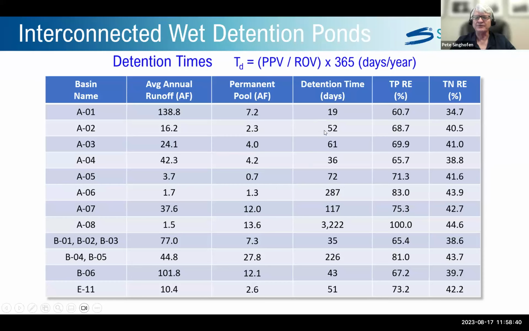Then we have one pond here that has very little drainage area, but is a big pond that's mostly used for floodplain protection. So that has over 3,000 days of detention. And then if you go to Harvey Harper's removal efficiency curves, you can set those for total phosphorus and total nitrogen based on the detention time.